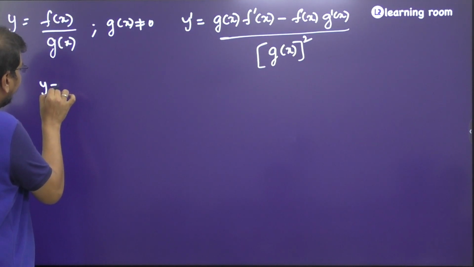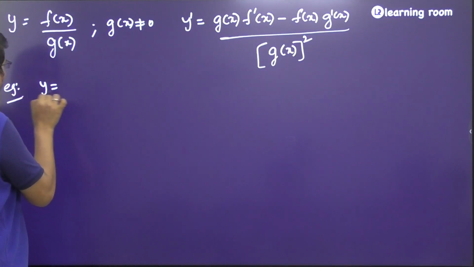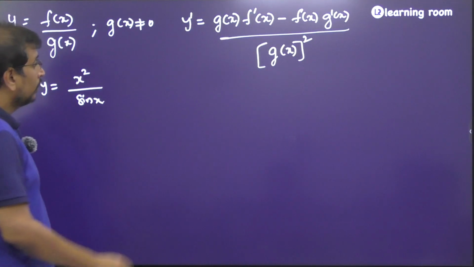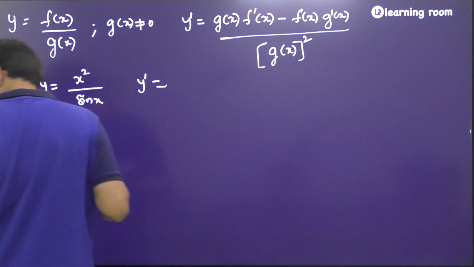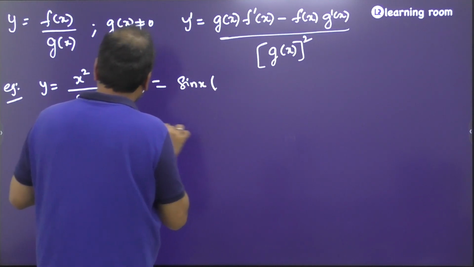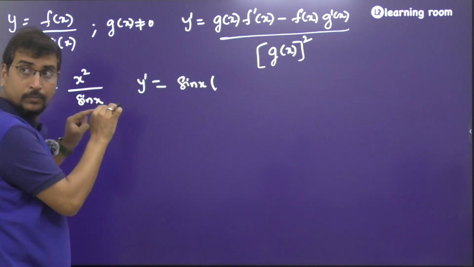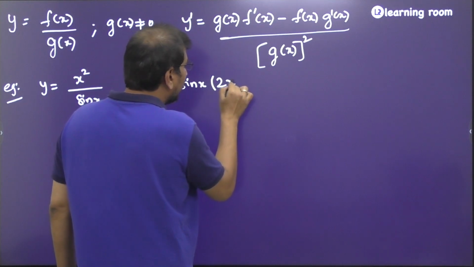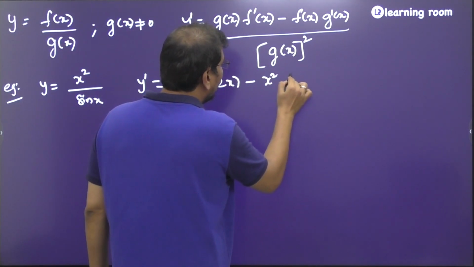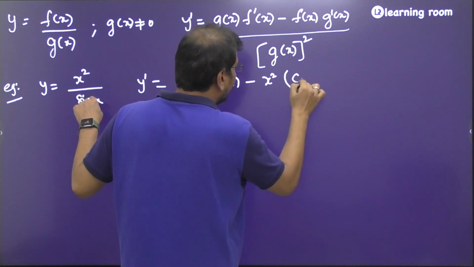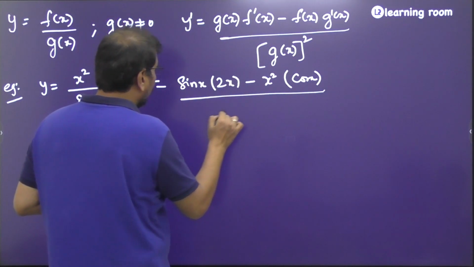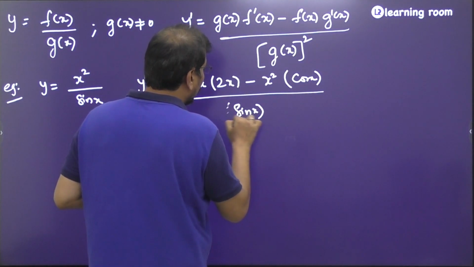So if I take an example, y is equal to x square divided by sin x. What is y dash? Y dash is sin x into derivative of x square, which is going to be 2x, minus x square into derivative of sin x, which is going to be cos x, the whole divided by sin x, the whole square.